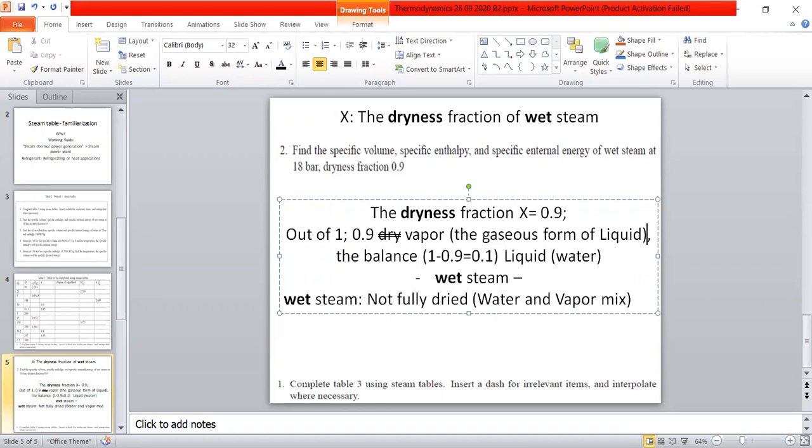So 0.9 is there in the first case out of 1, and the balance is liquid. So water and vapor mix. Very interesting, these wordings. So now you know what it means.